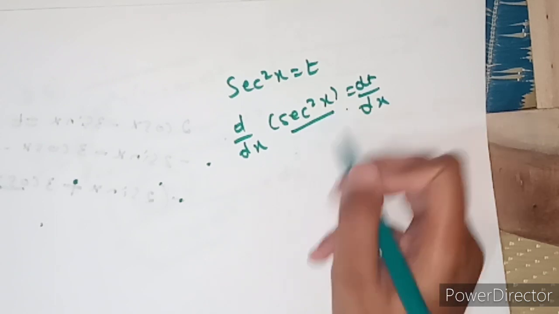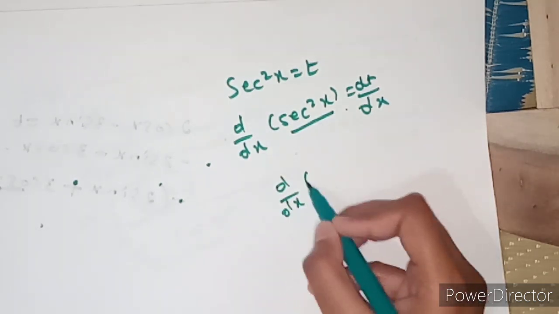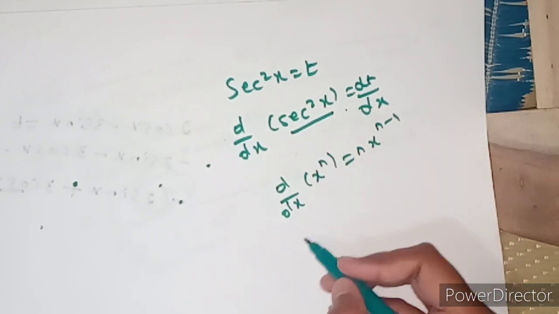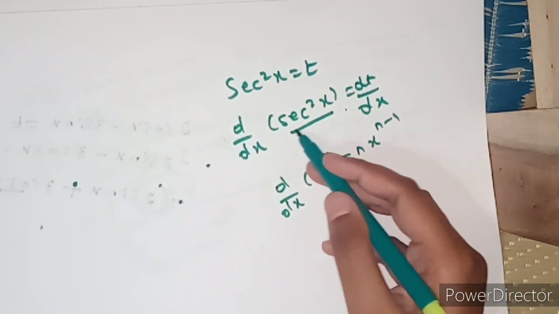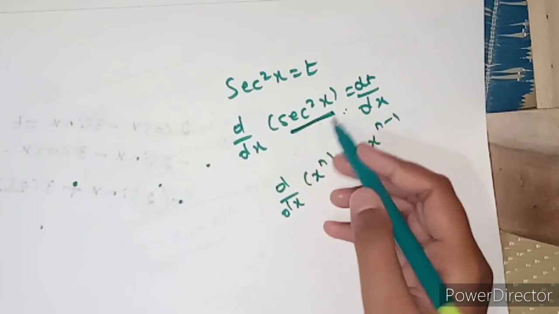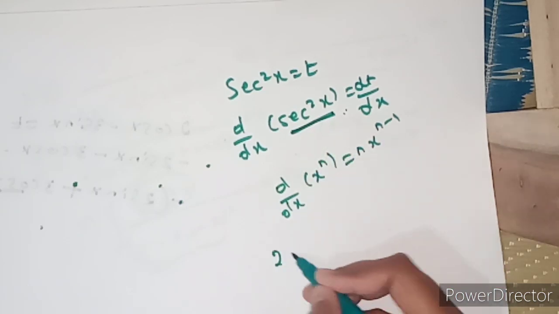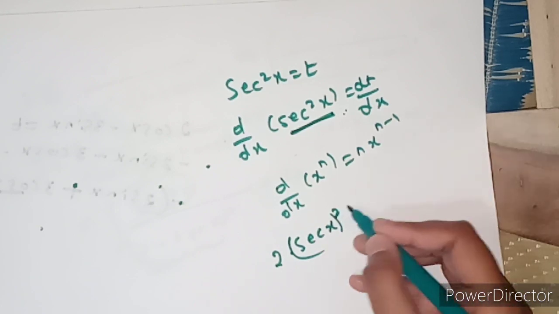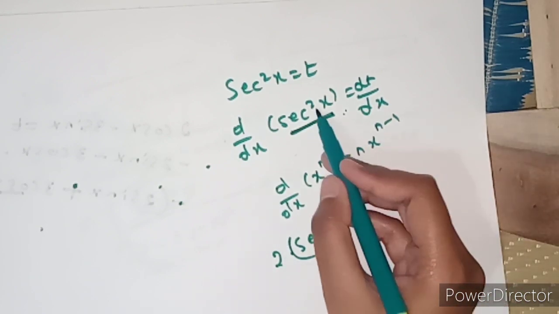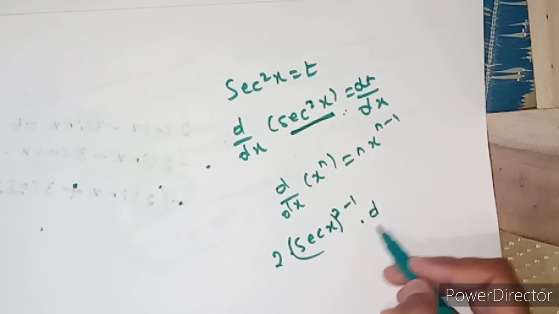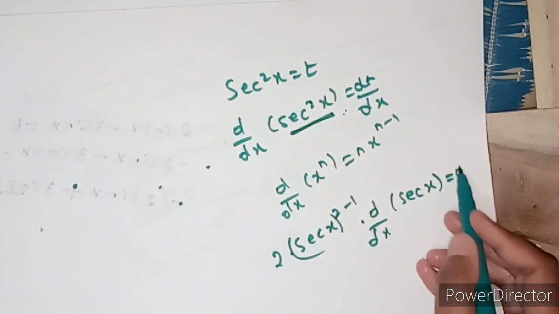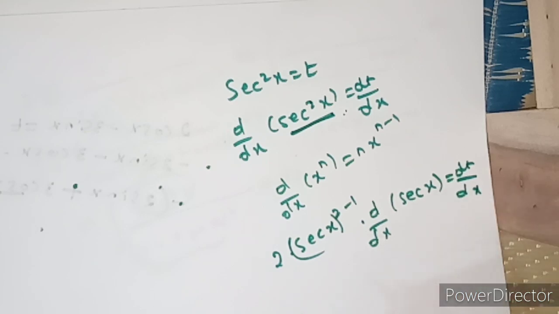See, this function is of the form d by dx of x power n, right? So d by dx of x power n is n x power n minus 1. So take the derivative of secant square: 2 in place of n, secant x to the power 2 minus 1, and again take the derivative of secant x, is equal to dt upon dx.